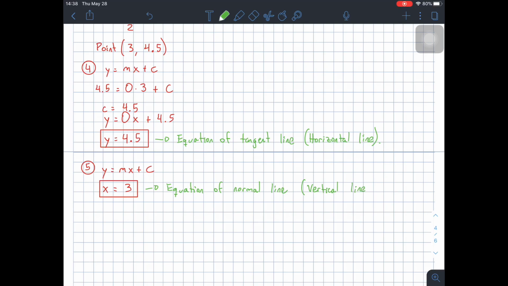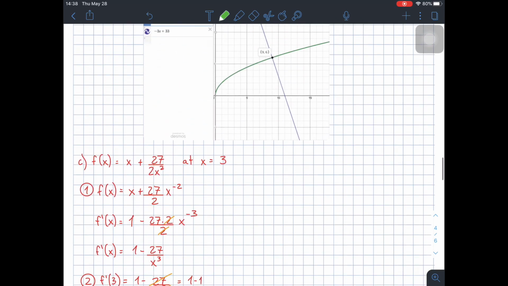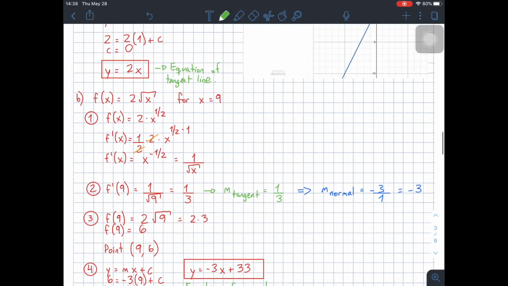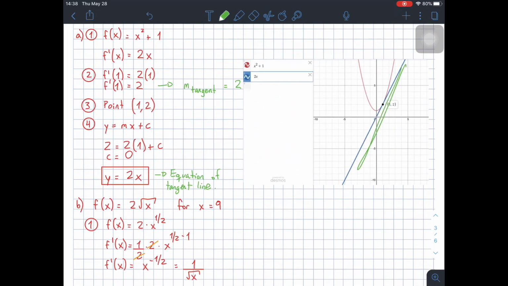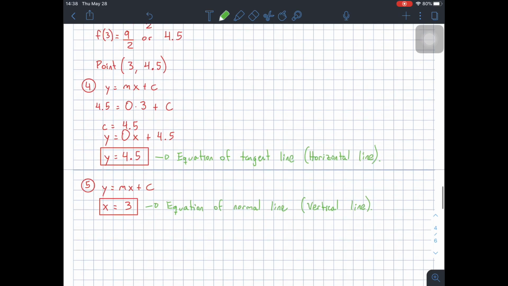So this is a particular case, people. Do not think that the tangent line would always be horizontal and the normal line will always be vertical. This is a particular case. Actually, in the exercises before this one, we got normal lines which were not vertical and tangent lines which were not horizontal, right? Okay, so we have the equations of both.